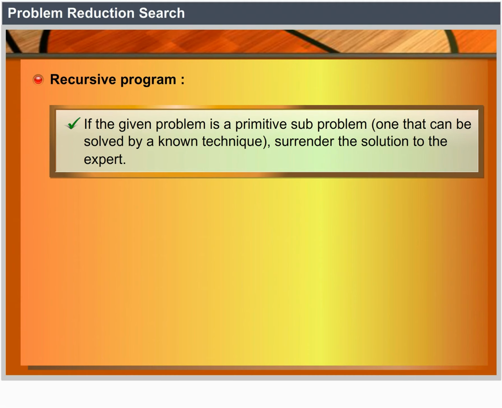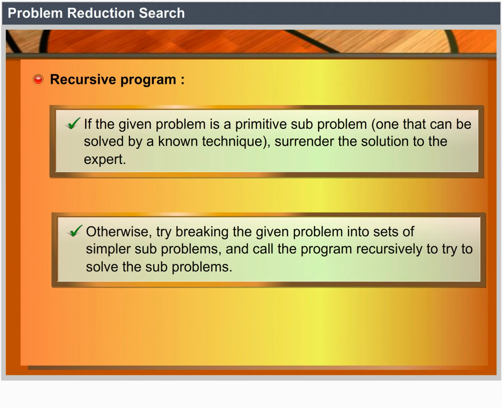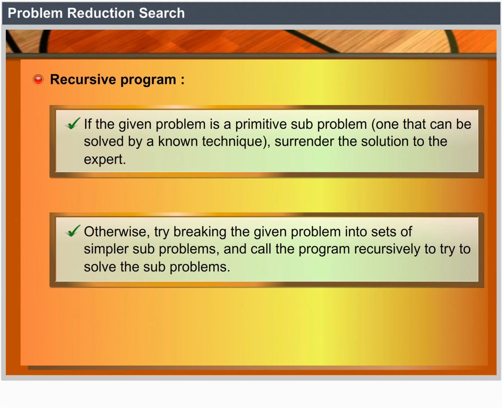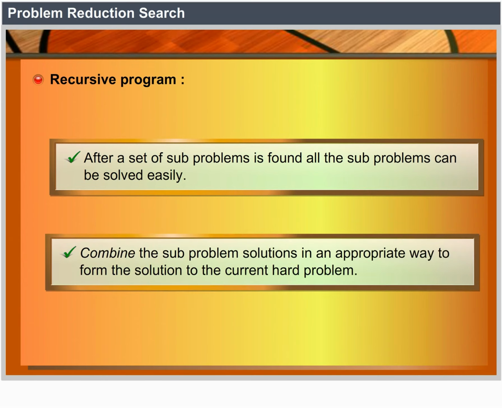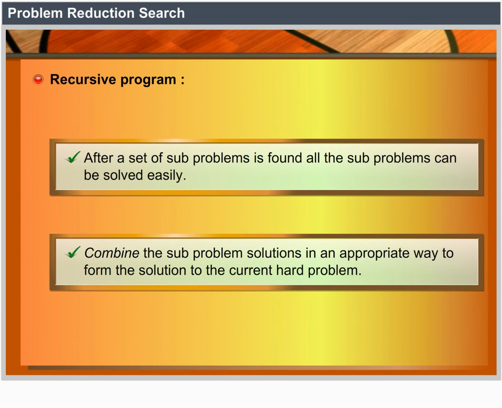Otherwise, try breaking the given problem into sets of simpler problems and call the program recursively to try to solve the subproblems. After a set of subproblems is found, all the subproblems can be solved easily. Combine the subproblem solutions in an appropriate way to form the solution to the current hard problem.